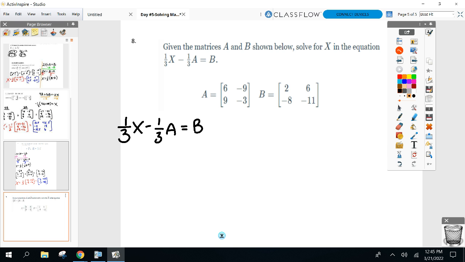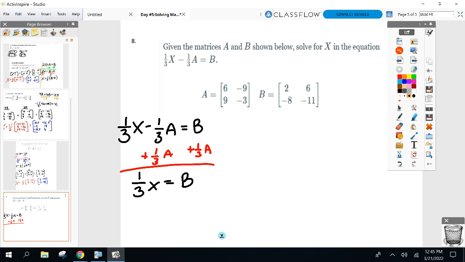All right, what's your move? Add 1/3. Yeah, I like it. Let's add 1/3 a over. Ooh, what about here?